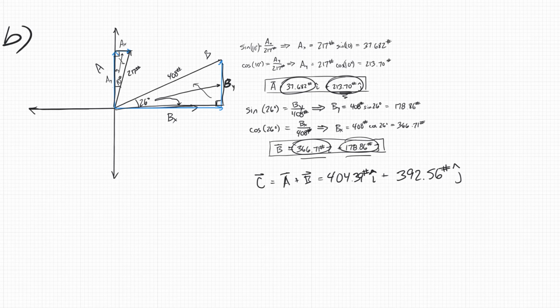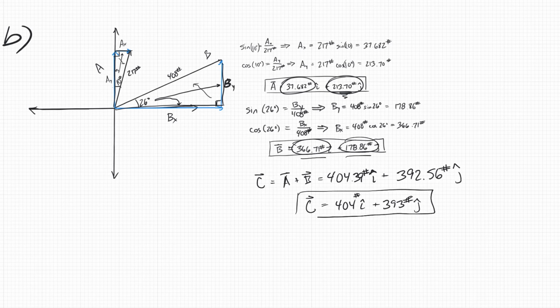Okay, and so if I wanted to report this, which it did ask for, you know, for your answer, just add them. And so this would be one way to do it, plus 393 pounds. So that would be one way to report it in the J.